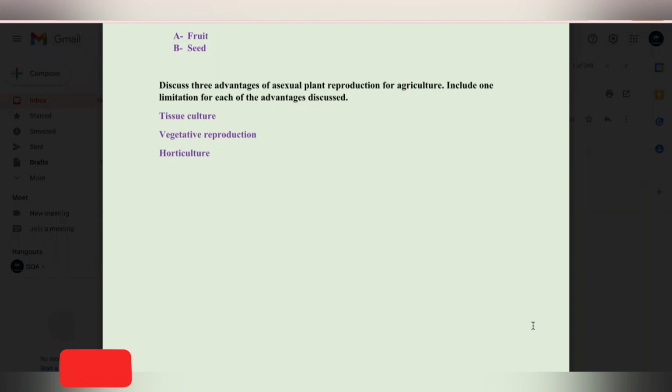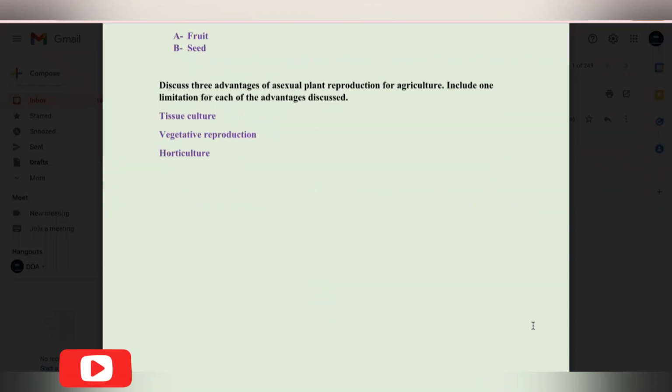So the first thing you should be thinking about is, what is asexual reproduction? Asexual reproduction is the production of a new offspring using one parent. And the first thing that comes to mind here is micropropagation. Micropropagation is one of the easiest ways to propagate seedless plants in agriculture.